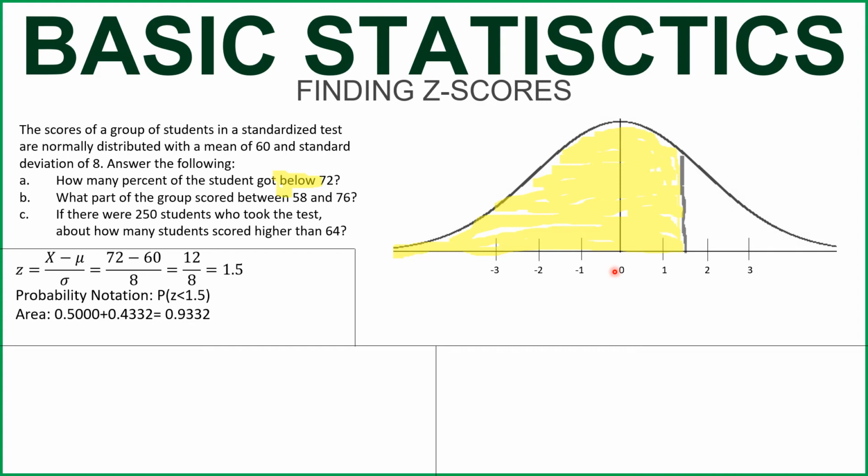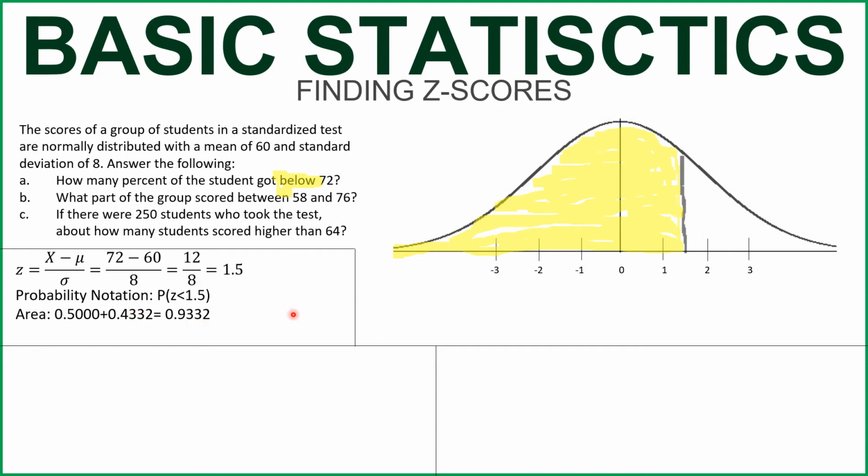Therefore, yung katumbas ng 1.5 is 0.4332. So, that is 0.4332. Addition tayo. Therefore, pag-add lang natin 0.5 plus 0.4332, that is equal to 0.9332.